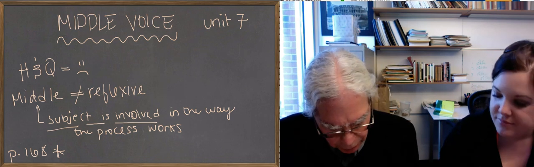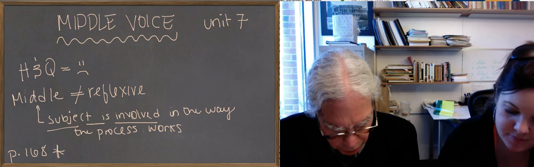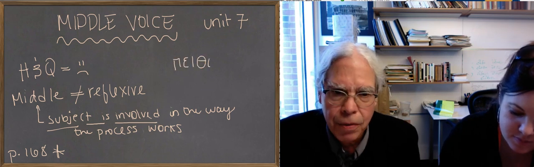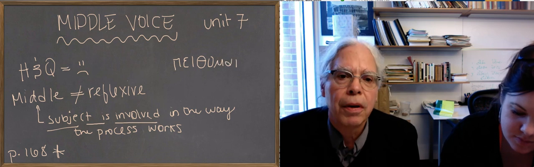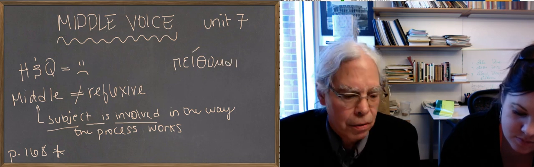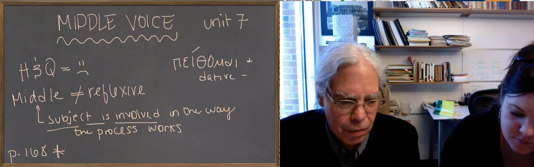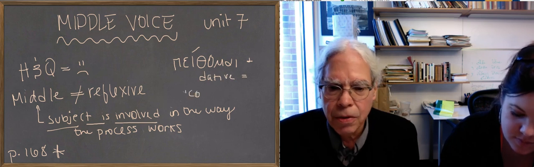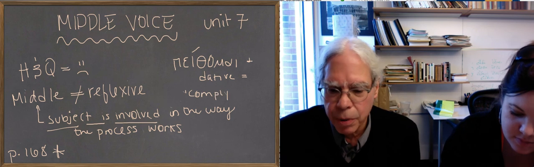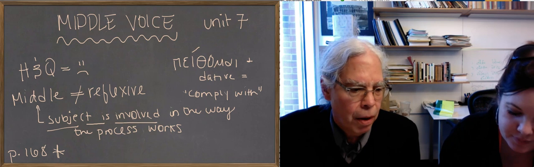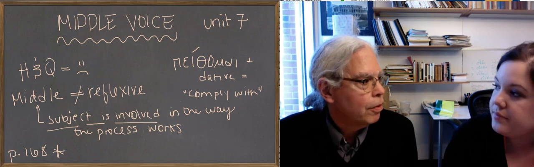And in the middle it means not persuade oneself and not obey, which is the meaning the book gives, but comply with, okay? In other words, it's again something happening inside. When you persuade somebody, you start yourself and you persuade someone else. Right. But when you comply with someone, it's happening inside you, right?